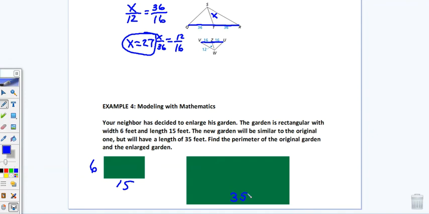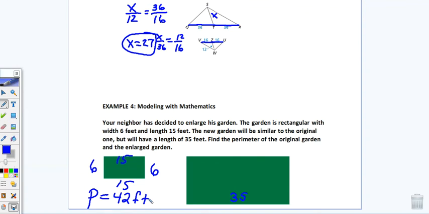Find the perimeter of the original and the enlarged garden. Well, the original one should be easy to figure out, shouldn't it? What's this distance up here? 15. What's this distance over here? So the perimeter on the original one is going to equal, what's that going to add up to? 42 feet, okay?